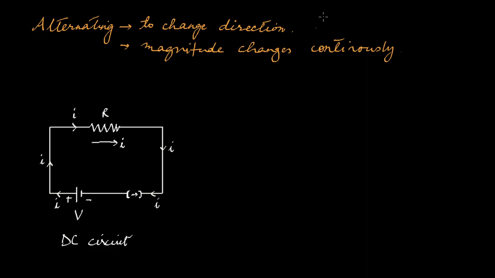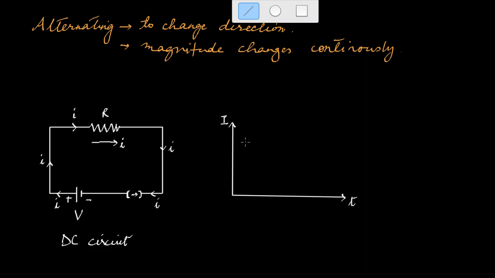All right. So if you plot a graph of current versus time, we plot the current along the y-axis and time along the x-axis. The graph will look something like this. If the current is 2 ampere, then it will remain 2 ampere from the beginning of time until the end, as long as you let the current flow.